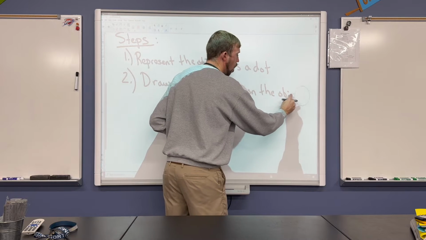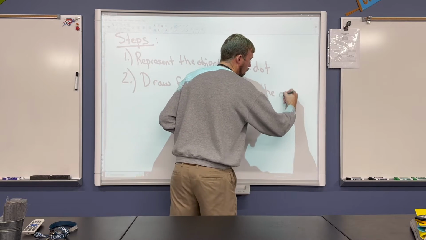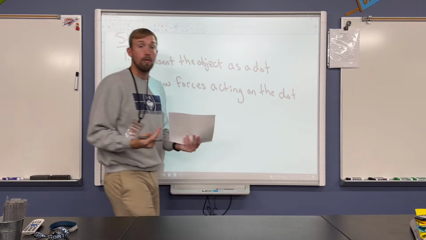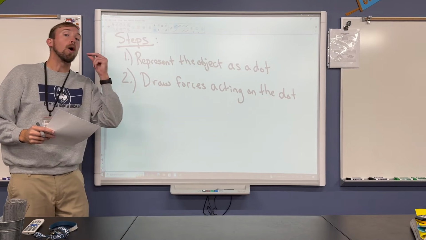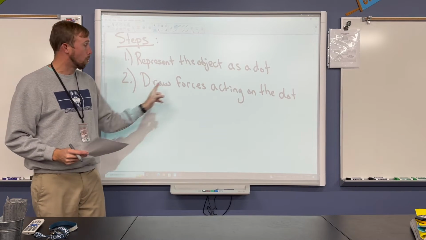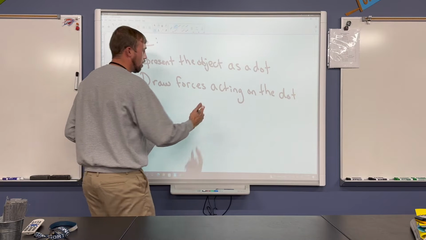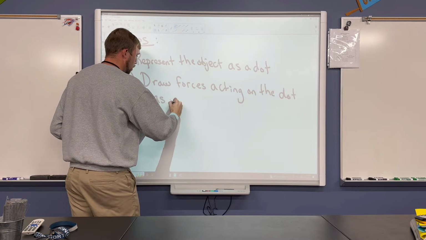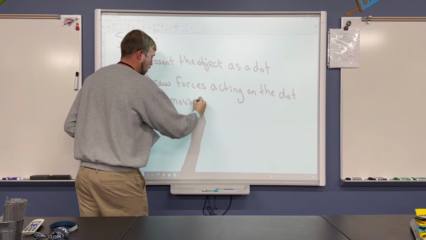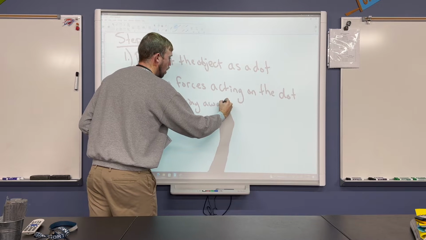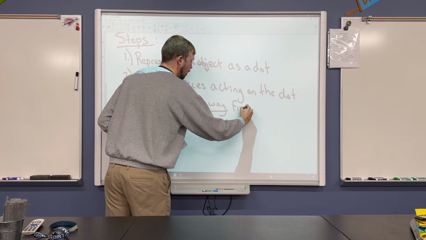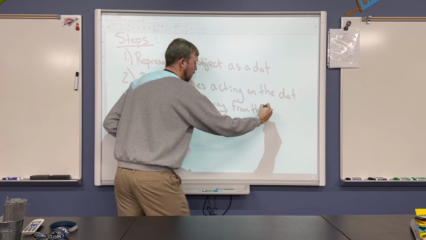Well, I should really say we draw the forces acting on the dot. Our main rule with free body diagrams when we're drawing these forces is as moving away from the dot.